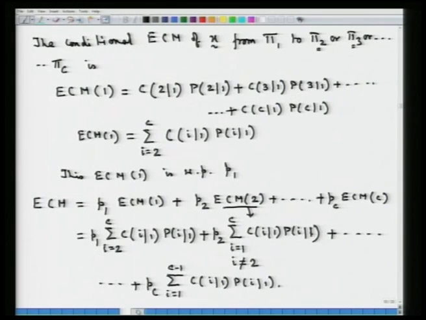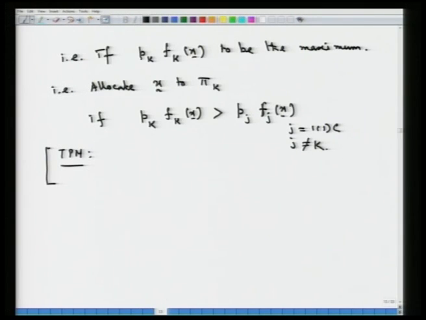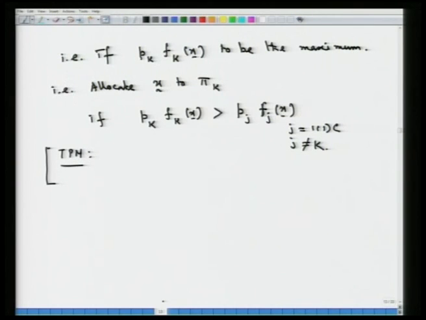Now, if we look at the expected cost of misclassification minimizing rule which we have derived just now, and that under an equal cost setup was reduced to allocating x to pi k if the sum like this is the smallest, or in other words the term which is left out in this particular sum is the largest, that is x was being allocated to pi k if pk fkx is maximum among all possible such products.